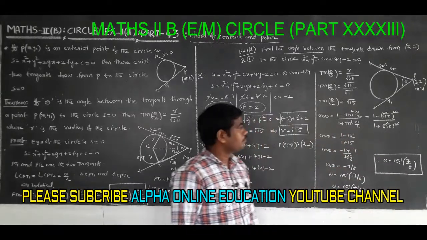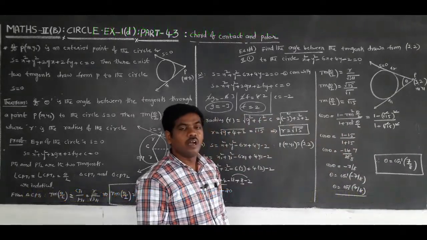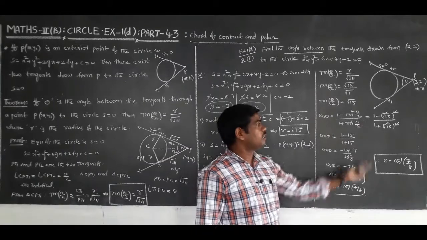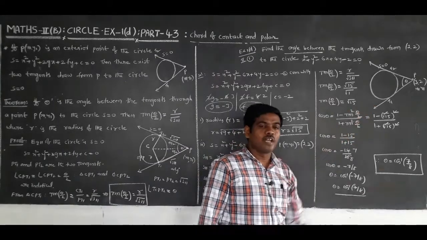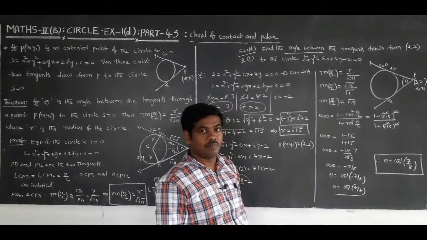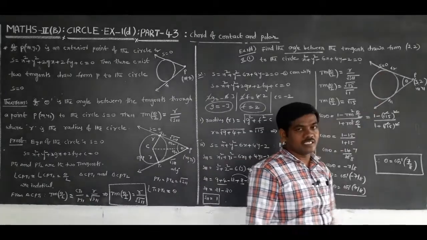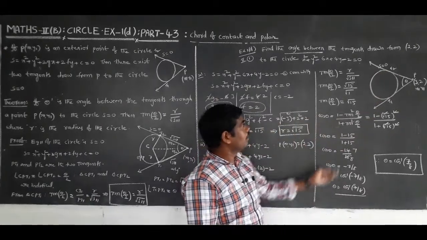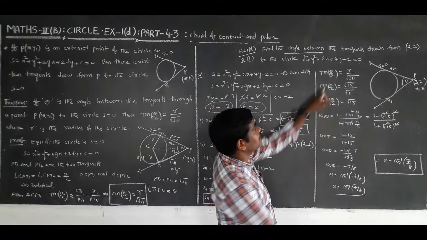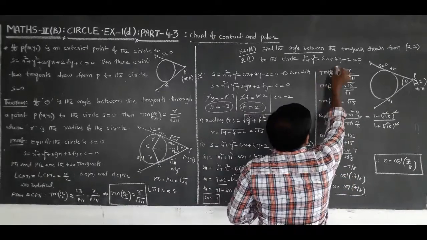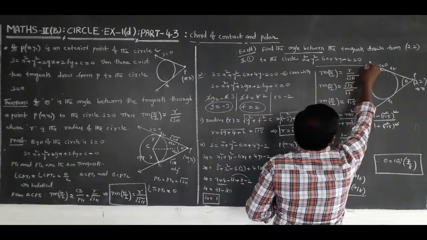This is the process for finding the angle between the two tangents drawn from an external point P(x1, y1) to the circle S is equal to 0, by using the formula tan theta by 2 is equal to R by root S11.